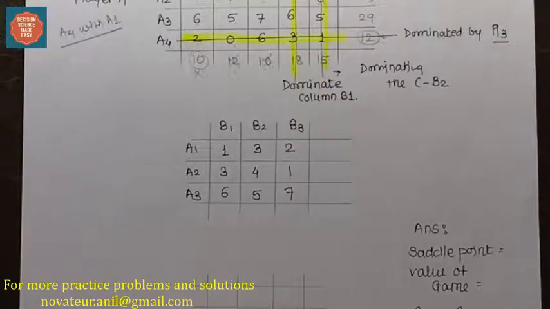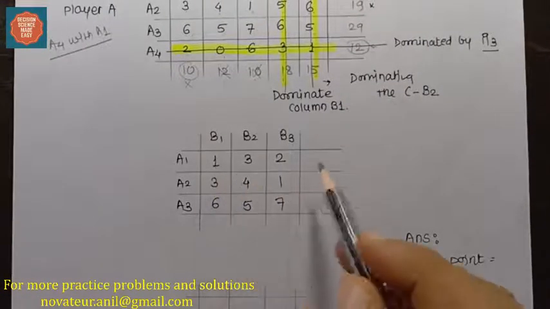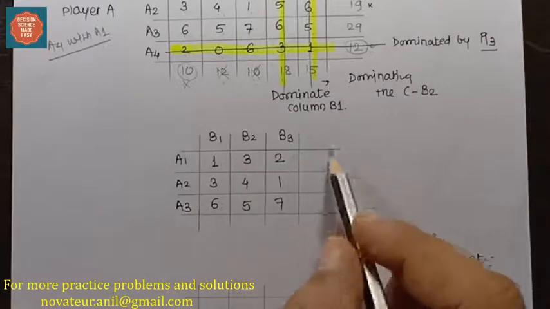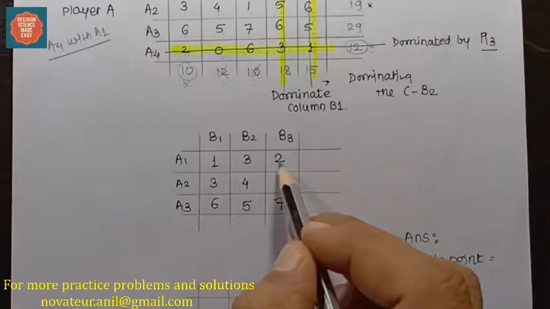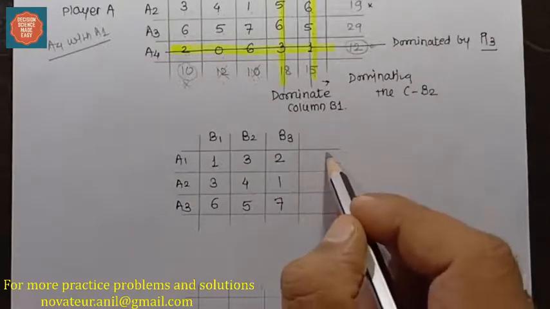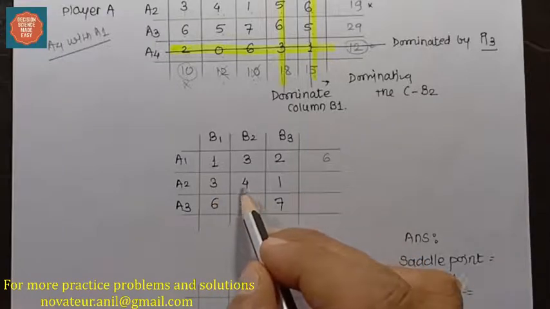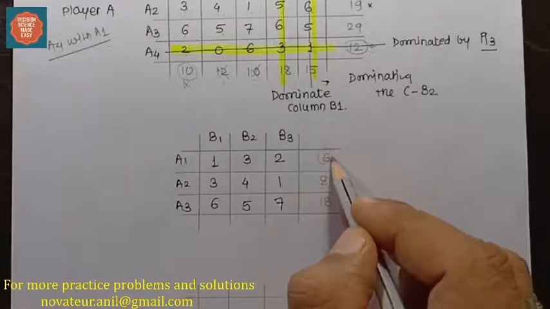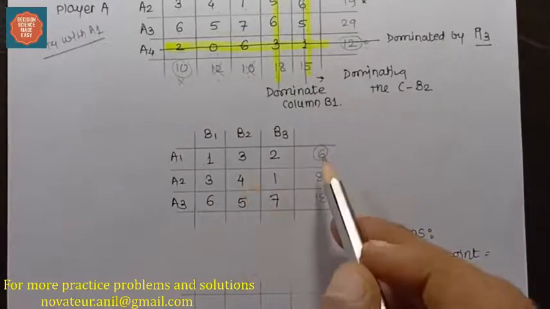Again, here I am going to do comparisons. So what is our shortcut? Let's calculate this and write down the total here. So 1 plus 3 plus 2 is nothing but 6. 3, 4, 7 plus 8, and this is 18. So the smallest element is 6. So I'm going to start with a1 first.